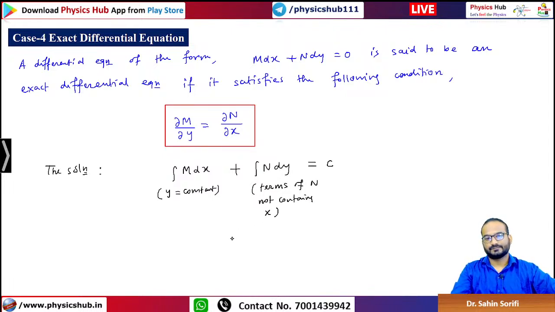Is it clear or not? It will be clear if we do a problem. So N may be a function of x and y. So you will consider here only those terms of N which do not contain x.